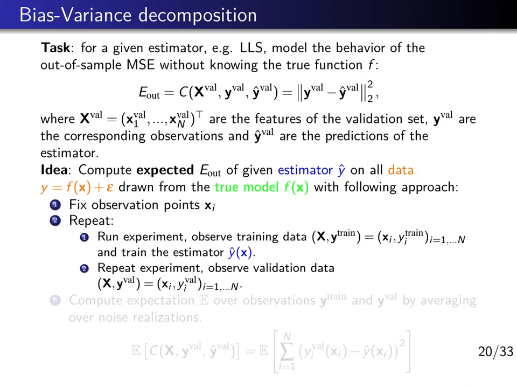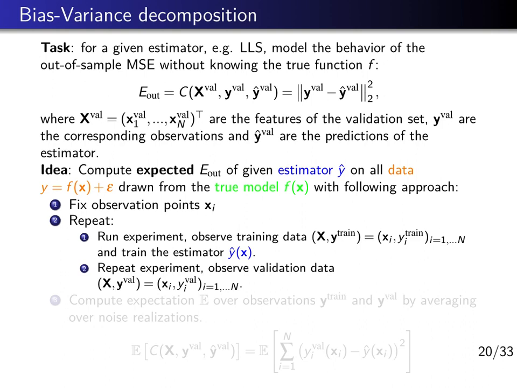So we fix x_i, and then we repeat, run the observation experiment, observe the training data x and y train for n data points, and train the estimator, obtain the parameters this way. Now we repeat the same experiment. We use the same input data x, but we sample the output or the label values y again, and these will now serve as y val.